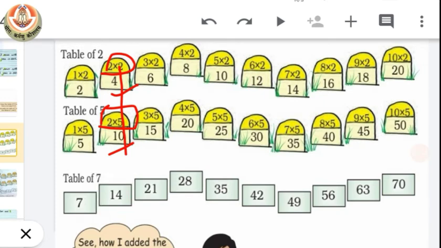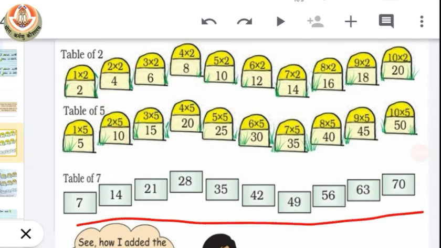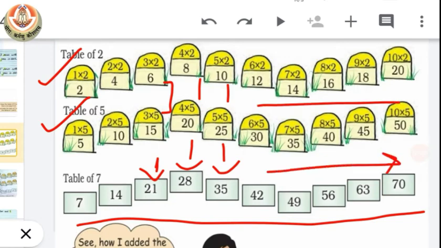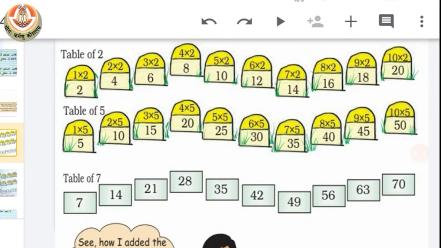So you can easily see the whole table of 7 can be made with the addition of the tables of 2 and 5. In the case of 3 also, 6 plus 15 gives 21, 8 plus 20 gives 28, 10 plus 25 gives 35, and similarly till 2 into 10, 5 into 10 gives 7 into 10, which equals 70. So this is the simplest and very easy trick to make a table.